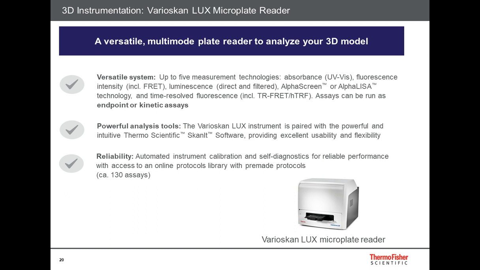And also, we've tried to automate a lot of the experiments using an online protocols library with about 130 different pre-made protocols. So let me show you what the data will actually look like from this instrument and how it might relate to an actual microscopy-based instrument, where here with the microplate reader, we're detecting all of the light from an individual well of a 96-well plate.